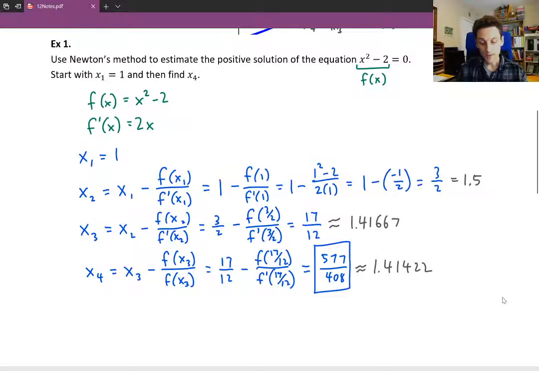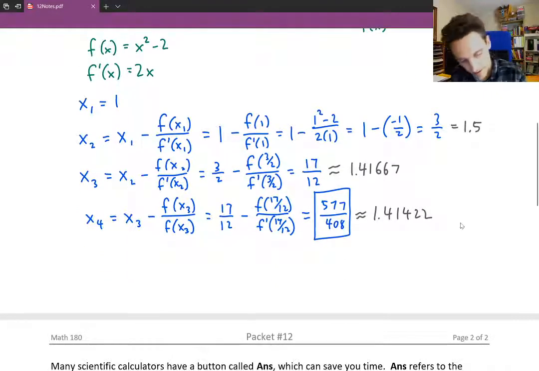Now, one thing I wanted to mention is that we can actually figure out what value of x satisfies this equation by just solving it. So let's do that, just so we can compare what Newton's method got to what the actual solutions of that equation are.